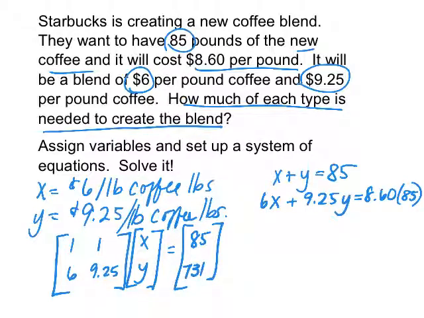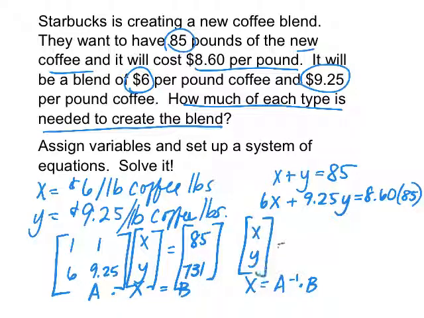So in order to solve this, think about it as AX equals B. We're going to have X equals the inverse of A times B. So my X matrix, which is X, Y, equals my inverse matrix, which we just learned a little trick for: we can take these values, switch the direction, and divide by the determinant, or you can use your calculator as well.